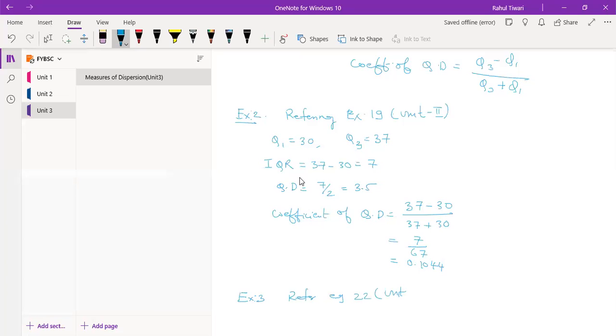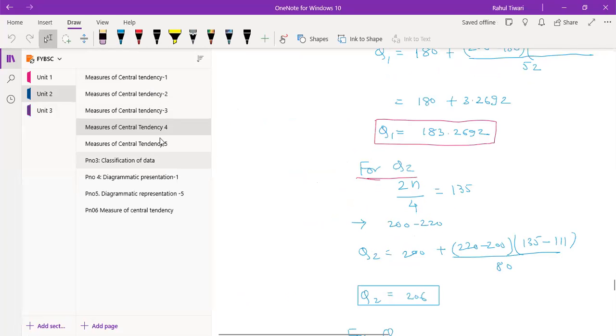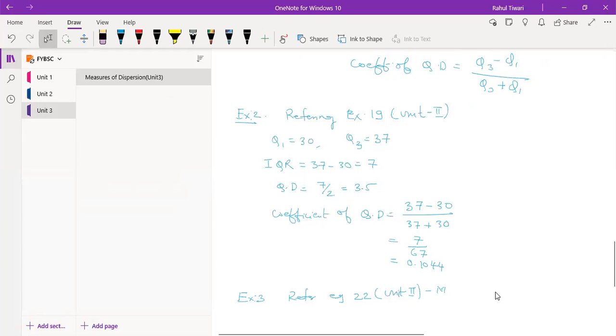Or I will say measure of central tendency, because I think in GC I have put it that way, 1 2 3 4 5. So central tendency 4 you can refer to, whichever way you say. This is unit 2, I can call it notes number 4.